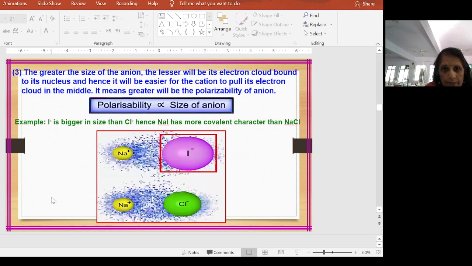Why will it be so? Because the greater the size of the anion, the less its electron cloud is bound to the nucleus. If it is a bigger ion, the cloud will be far away from the nucleus, and it will be easy for the cation to pull this electron cloud, and therefore that ultimately generates polarization, or the covalent character in the molecule.